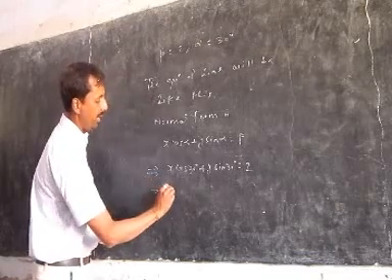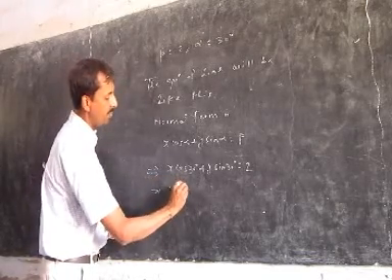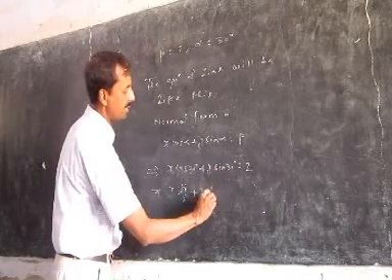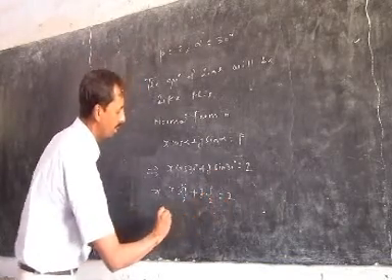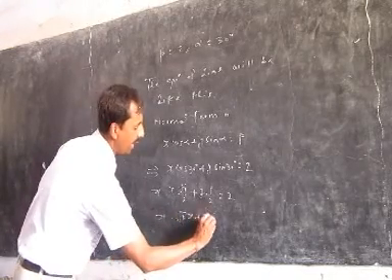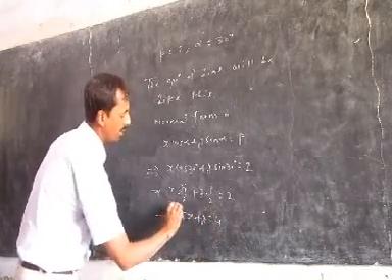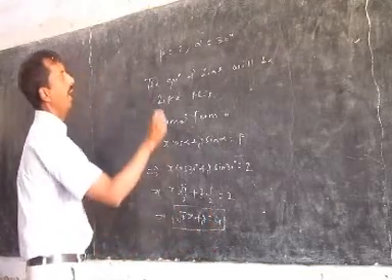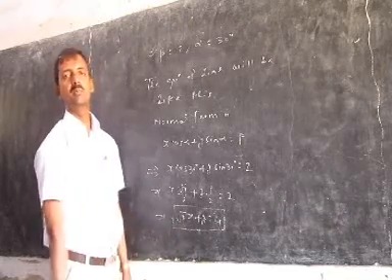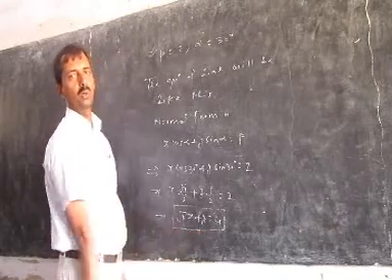Now we put the values: cos 30 degrees is root 3 by 2 and sin 30 degrees is half. So this is root 3 x plus y is equal to 4. Under this condition, the equation of the line is root 3 x plus y is equal to 4.